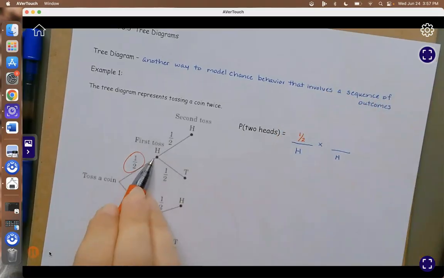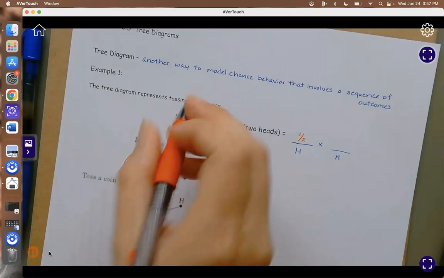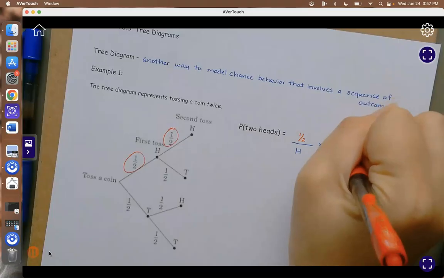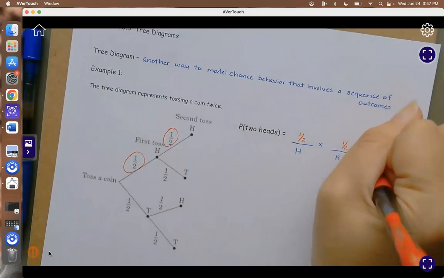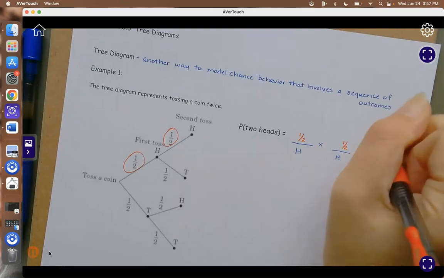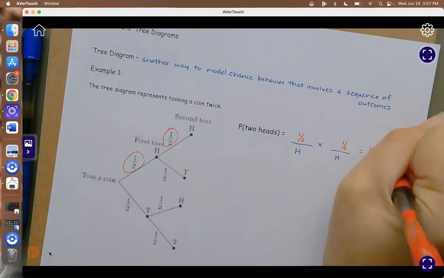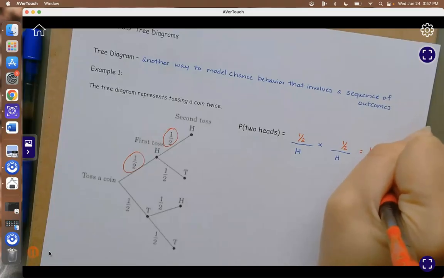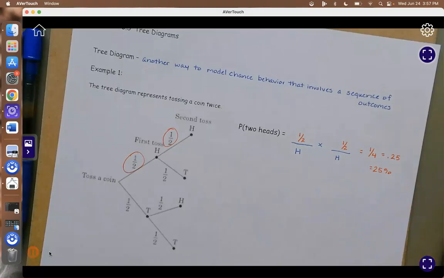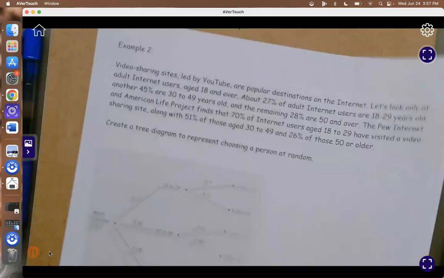The second toss you get a head, that's a 1/2. So 1/2 times 1/2 is 1/4. So this would be 0.25 or 25%. Okay, so that's the first one.